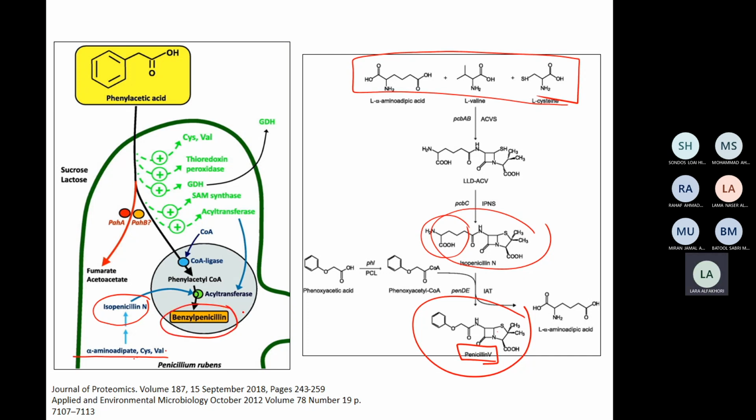Or benzyl penicillin, or penicillin G. Where the side chain, let me draw the side chain. Sorry. It has this structure. And I mean by the side chain what is attached to this nitrogen. Now, that side chain does not come from fungi.